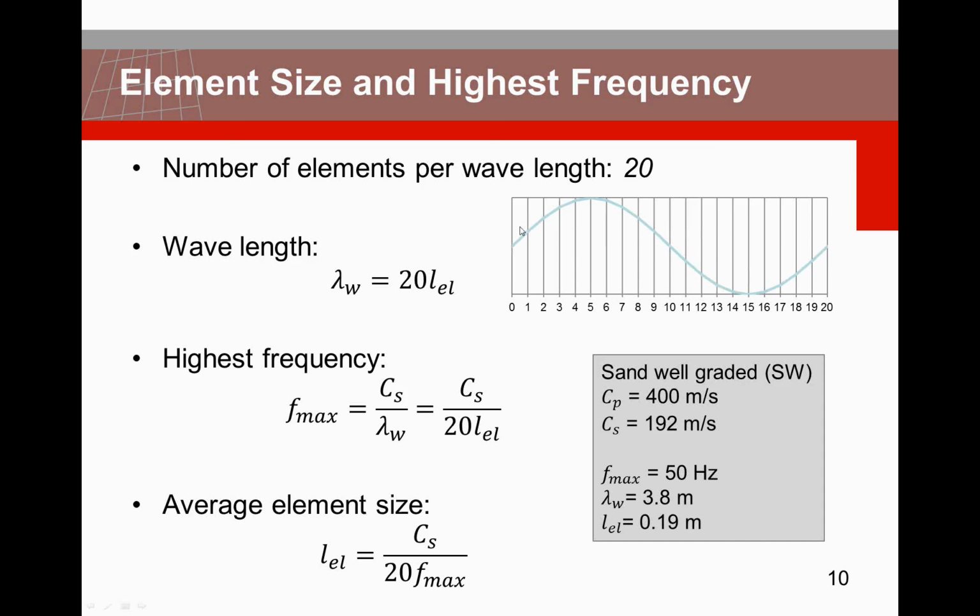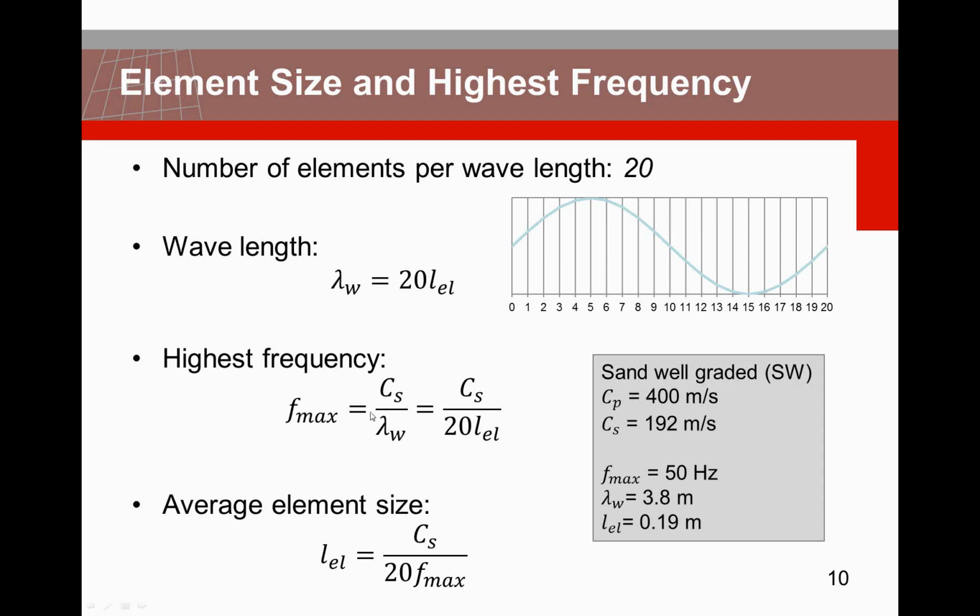You have not enough accuracy to nicely represent your wave. So if you're really interested in what's happening, for instance, in your soil, make sure that your element size is sufficiently small to show the shortest wavelengths.